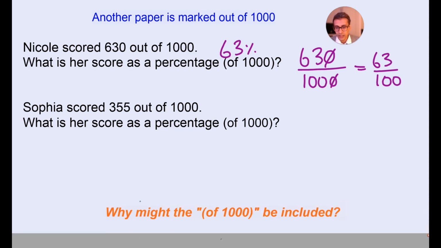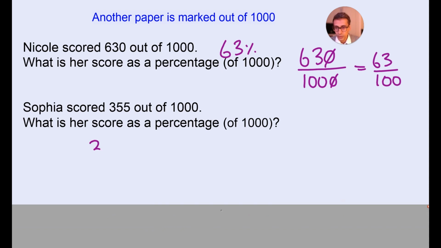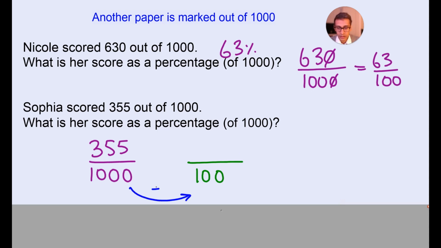But what happens when you have a slightly harder number? So 355 over 1,000. Here we can be a bit sneaky, and we know that we want this to be out of 100. So we can just divide by 10, and in the top we're going to divide by 10. When we do that, we're going to end up with a decimal.